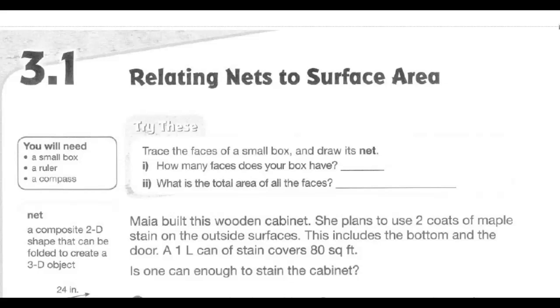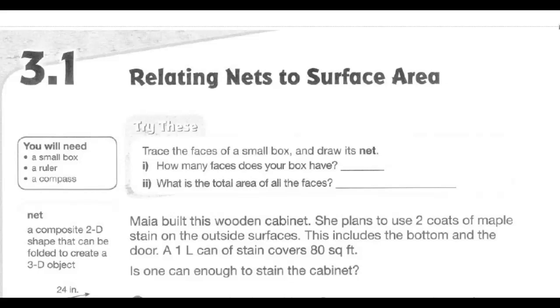Back probably in junior high, you did some of this and you folded them up and made a shape like a cube or a rectangular prism. You may not have got into cylinders and pyramids like we'll do, and spheres, right now.